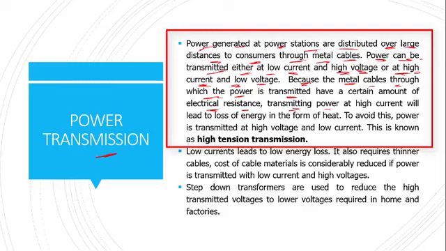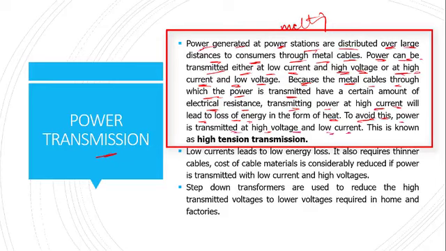So when you transmit power at high current, it leads to a release of a large amount of heat, and this heat is lost in the form of energy. So it results in energy losses, which could lead to the melting of the wires and the conductors used in the transmission. Now, to avoid this, power is transmitted at high voltage and low current.